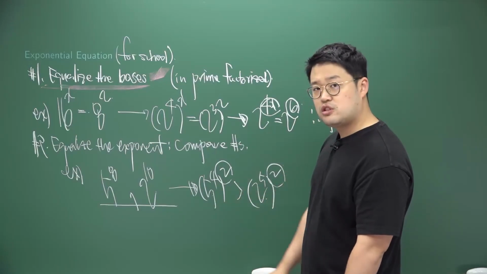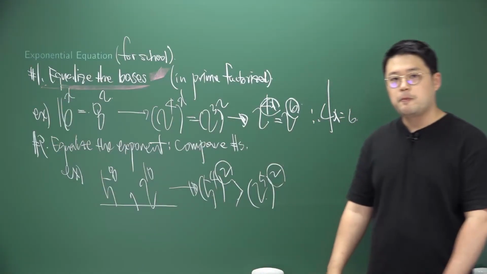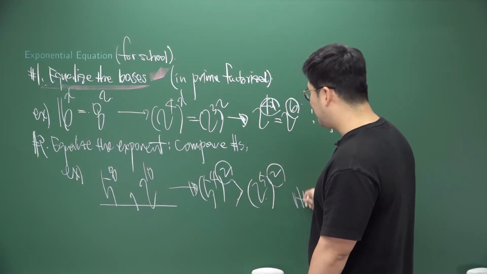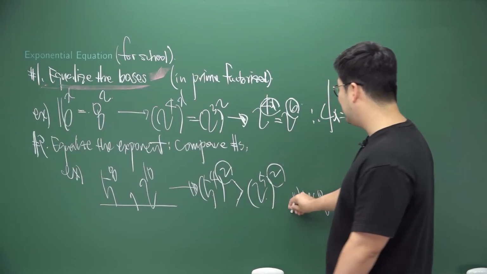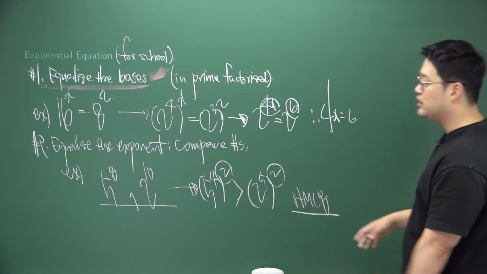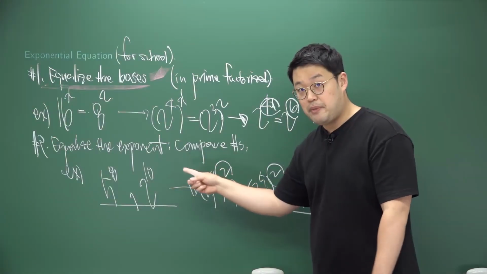Obviously, the left one is going to be greater than the right one. This is more like AMC 8 material for middle schoolers. But when you have to compare numbers, you need to compare the exponents.